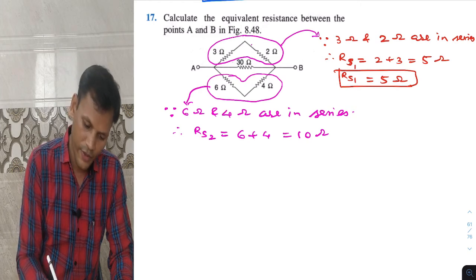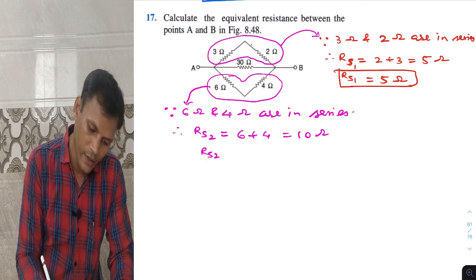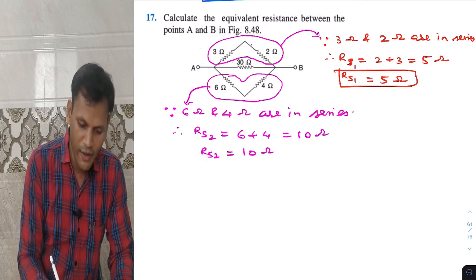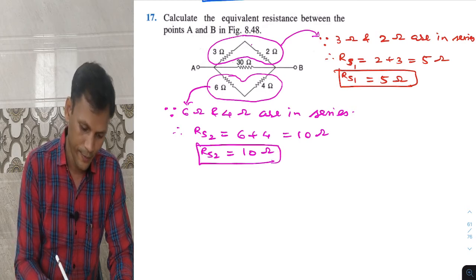So RS2 becomes 10 ohm. Now this diagram will change like this.